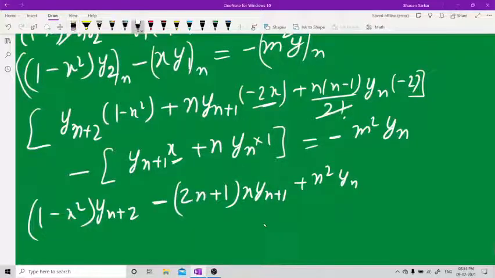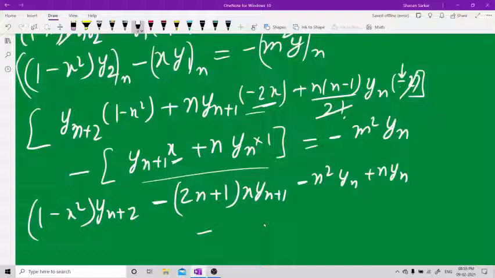This minus sign. So this will be now minus n square plus n yn. Now you open up this bracket.